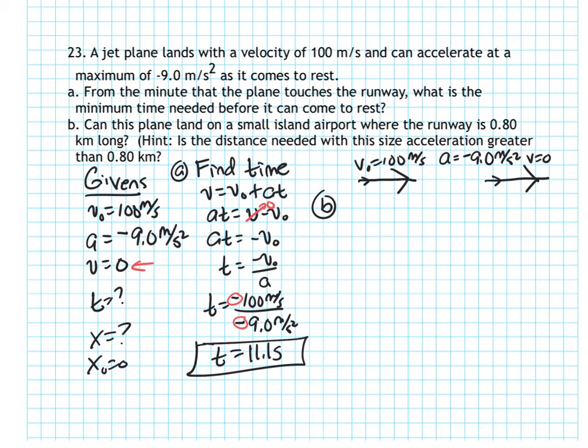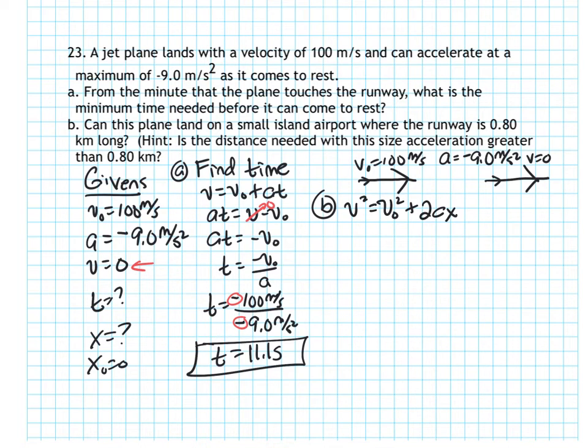Okay, so I need an equation with v squared, a, v, and x. So this will be the v squared equation. V squared equals v naught squared plus 2ax. And I'm solving for x. I'm going to isolate x.